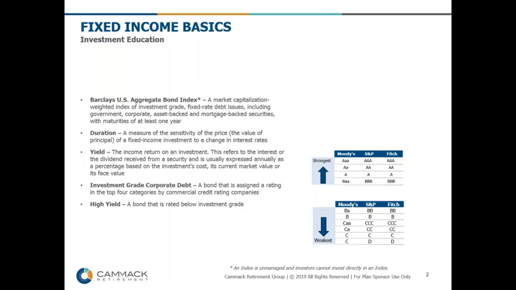On slide 2, we have fixed income basics. What we're showing here, for instance, the first bullet point, is the Barclays U.S. Aggregate Bond Index. That is a widely used index to measure the performance of your fund. There are several different types of mutual funds that you can buy that are bond funds.